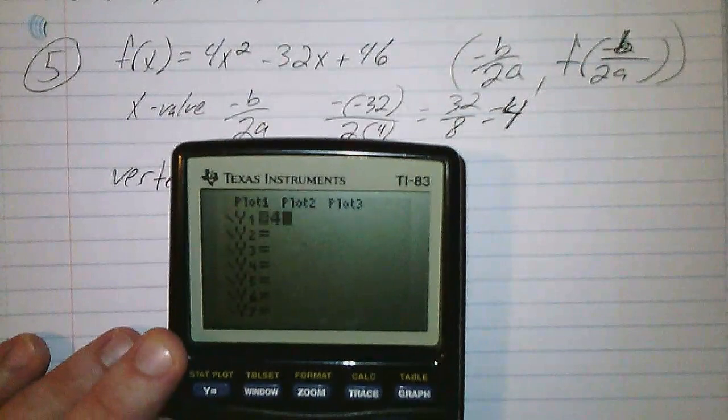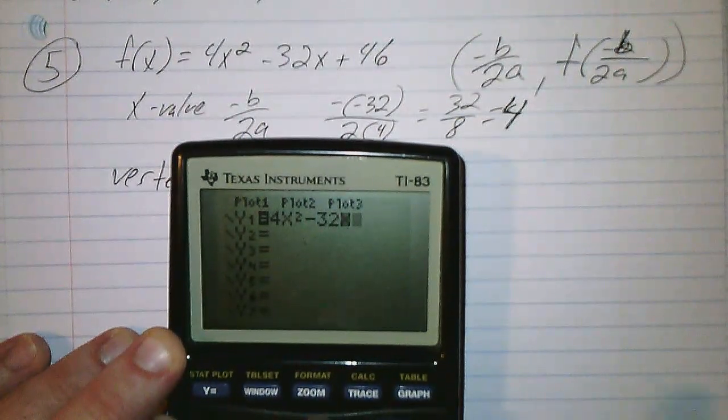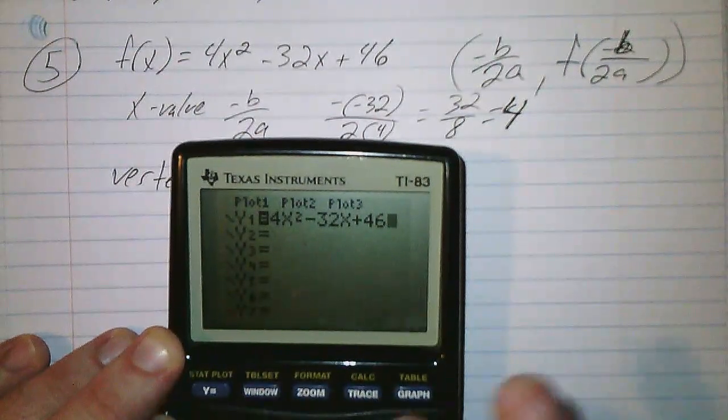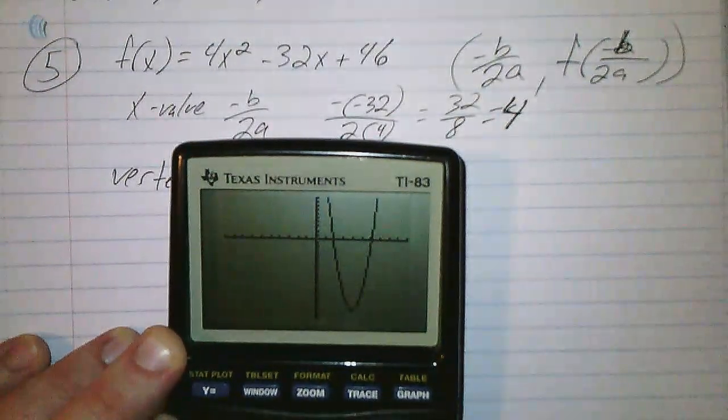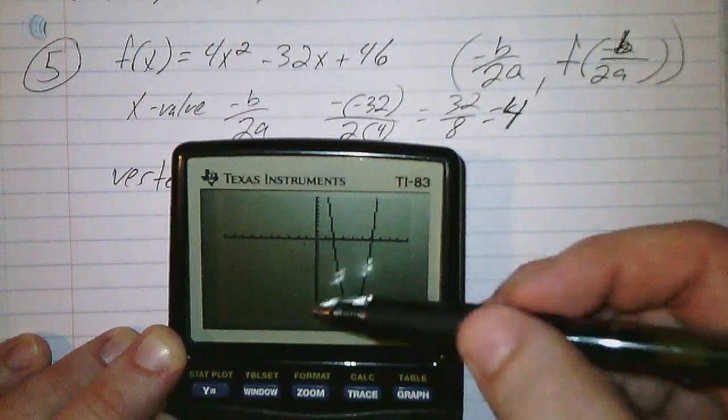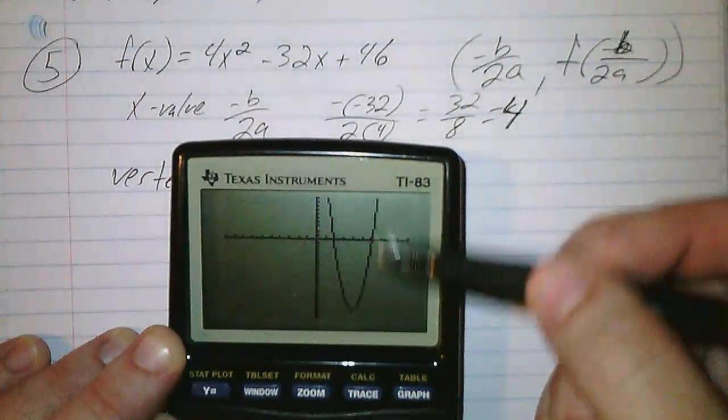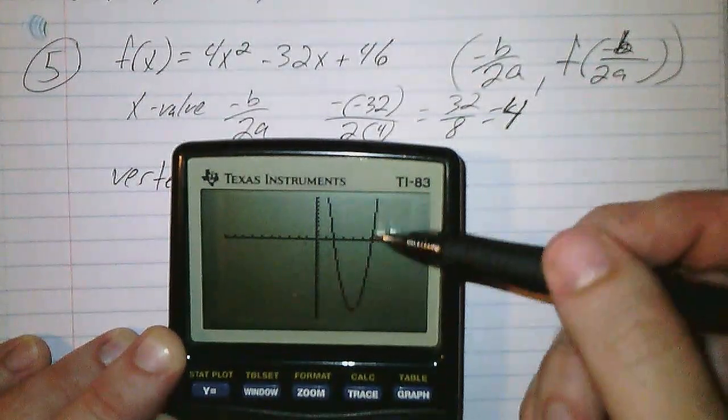So 4x squared minus 32x plus 46. There's the graph. Again, I changed the minimum to -20 so we could see the vertex go all the way down.